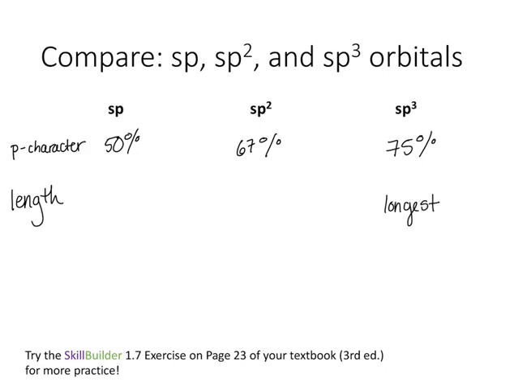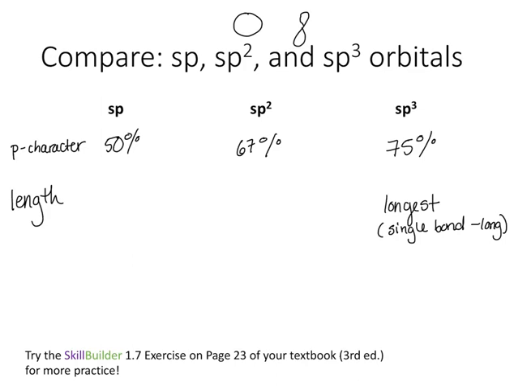If we think about s orbitals being spherical and p orbitals being more elongated, the sp3 hybrid orbitals have the most p character, so they would be the longest. The other way you can think about this is that an sp3 hybrid carbon only forms single bonds, and those are the longest bonds.